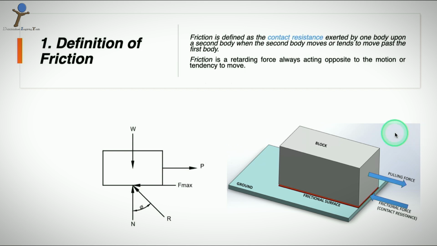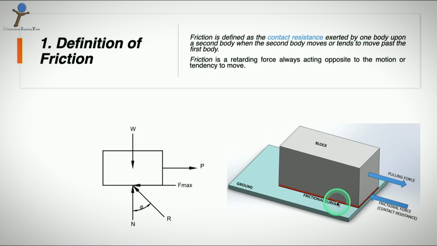Let this be a ground surface and this be a block resting on the ground surface. When the block is pulled with certain amount of force in right direction, frictional resistance force occurs at the contact surface between the block and the ground.